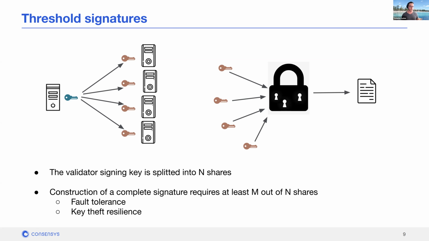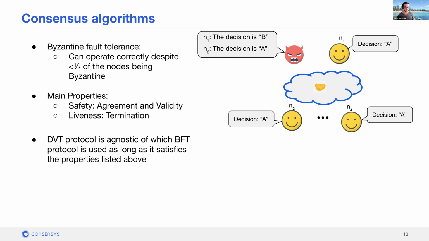The other component that we have is a consensus algorithm, which in this case is a Byzantine fault tolerance consensus algorithm, which means that it can operate correctly despite less than 1/3 of the nodes potentially being Byzantine. And the main property is that this consensus algorithm has to ensure agreement, validity, and termination. So agreement is depicted on the right-hand side. You can see 4 nodes. One is malicious.